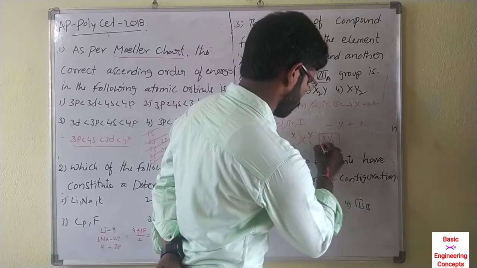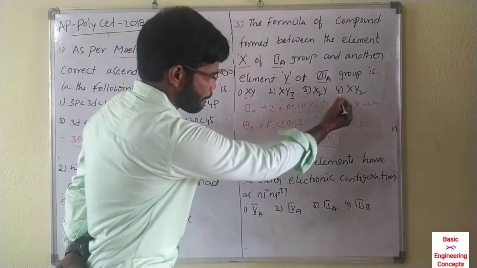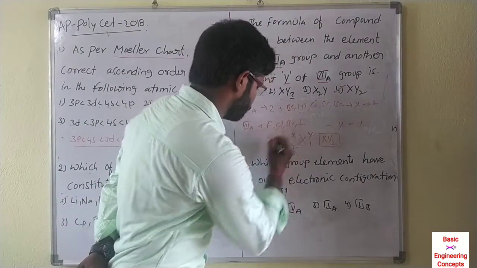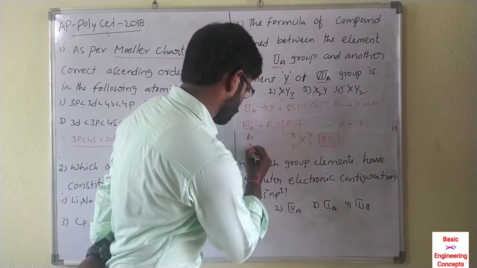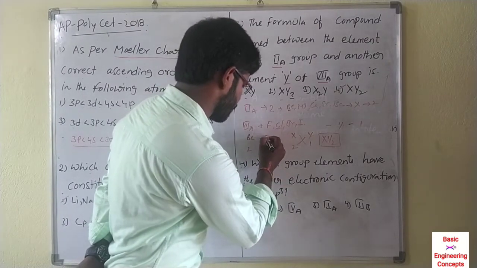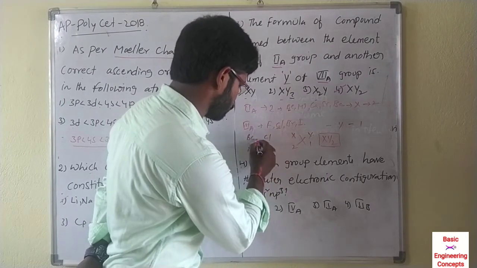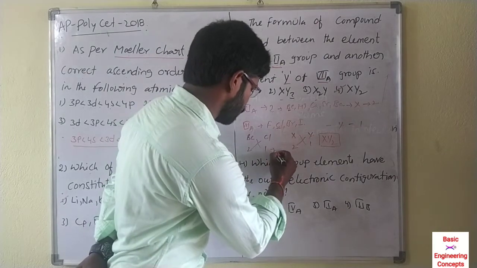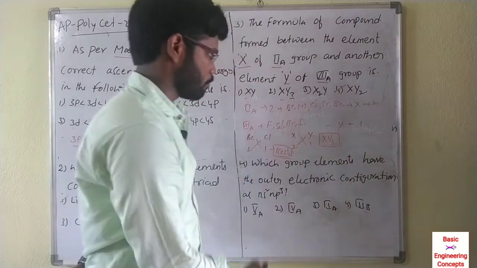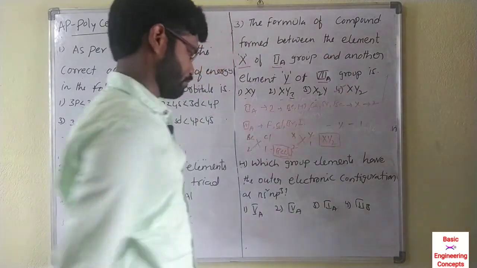This is the correct answer. XY2 means the fourth option is correct. For example, beryllium has valency 2 and Cl has valency 1. Cross multiplication gives BeCl2. This is the correct answer. So BeCl2, like that, XY2.